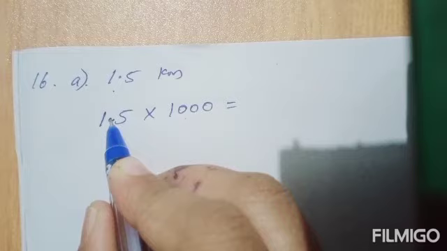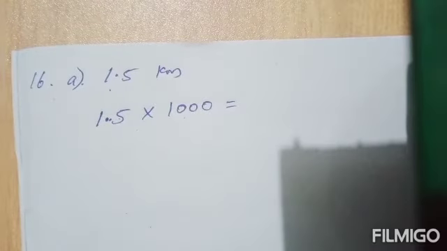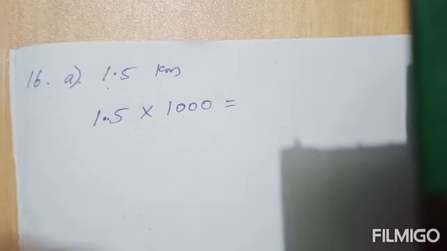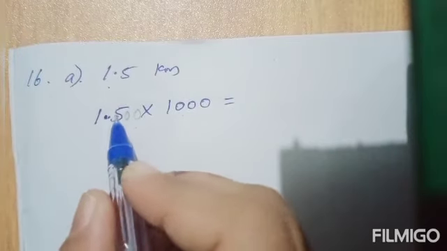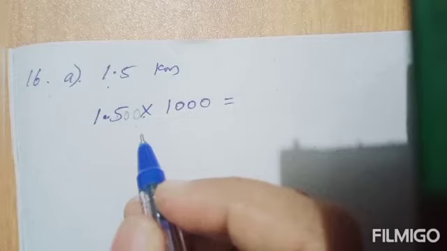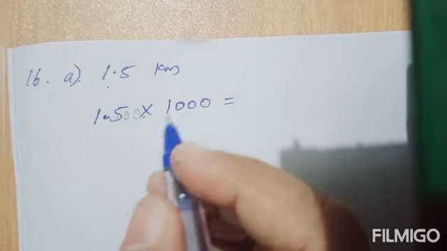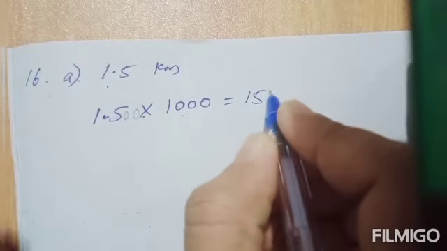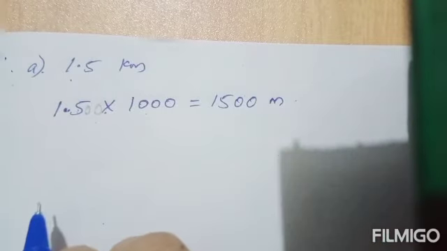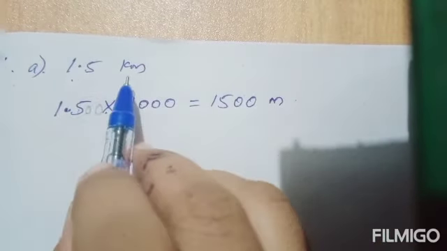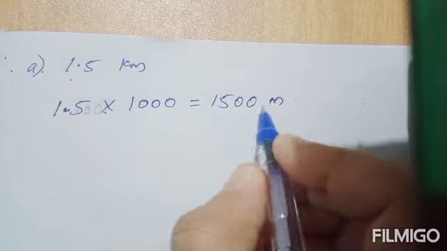Here is the decimal point, 1. Now second and third place you put 0. So 1, 2, 3. Here will be the new decimal point. So you will get 1500 meter. 1.5 kilometer means 1500 meter.